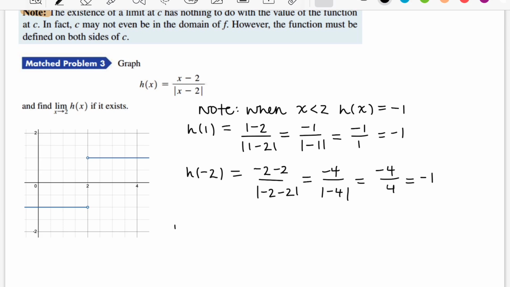And on the other hand, when x is greater than 2, h of x is equal to 1. And we do the same thing, we can plug in some values, and we'll see this. And the graph actually displays this for us. So if we look at all the values of x that are less than 2, our h of x is equal to -1 here. And if we look at all the values of x that are greater than 2, our h of x is equal to 1 here.